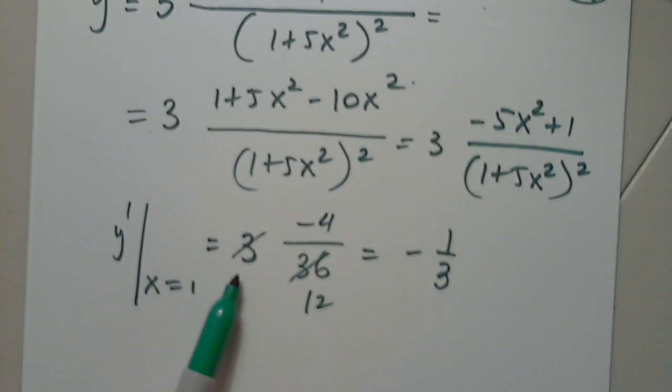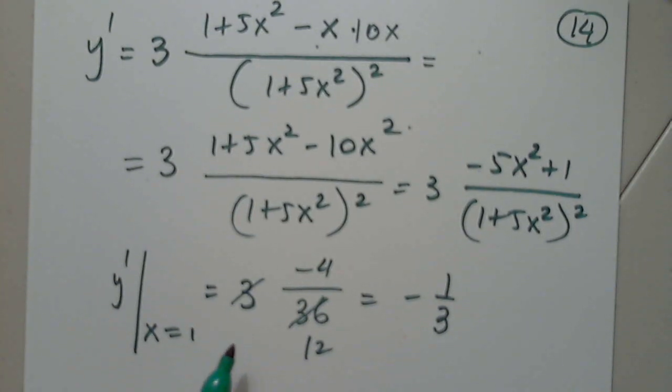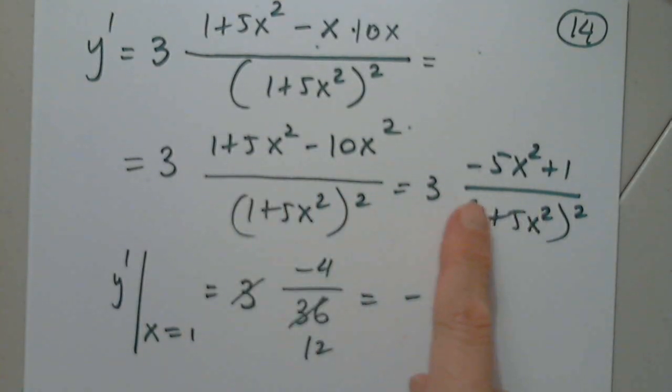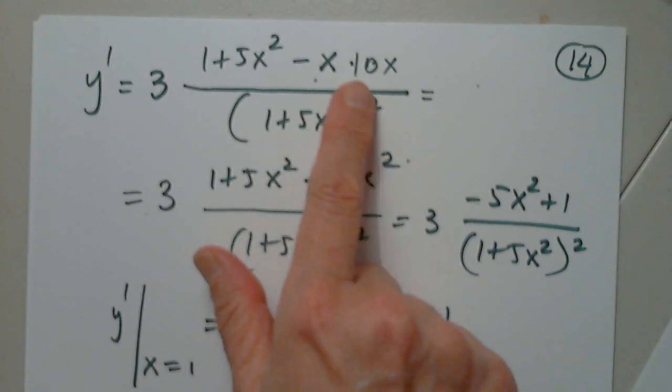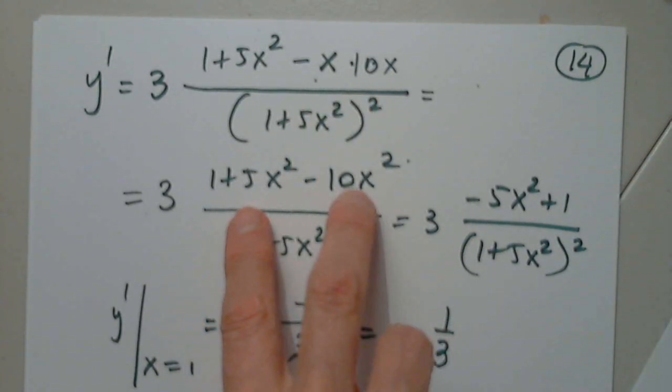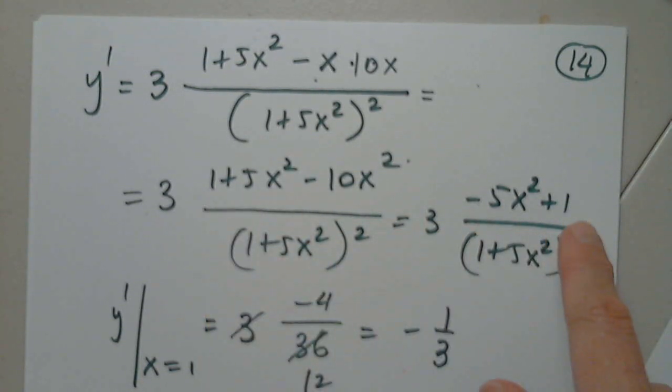So I have the, yes? Where? Where do we go back? The second way. Here? Yes, y prime, yes, right. So 1 plus 5x squared, this is negative 10x squared. The 5 minus 10 is negative 5x squared, and plus 1.